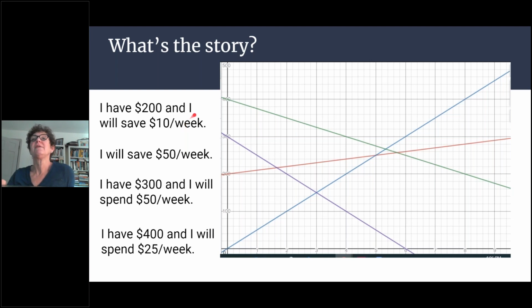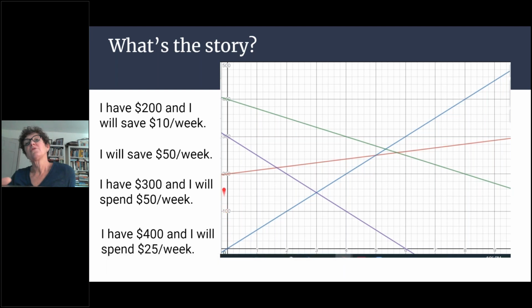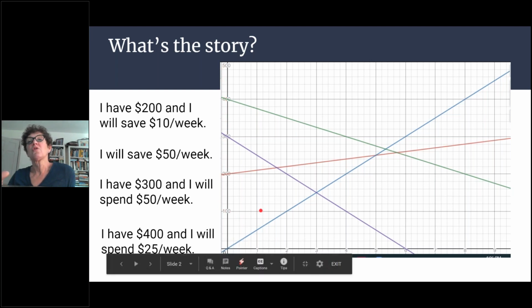So you can see on the graph here, the y-axis, which is the vertical axis, starts at 0 and goes up 100, 200, 300, 400, 500. So each one of these darker lines represents an increase of 100, but each one of these lighter lines here, there's 1, 2, 3.